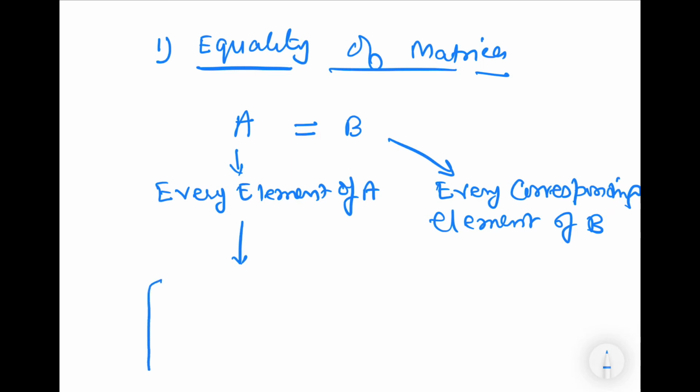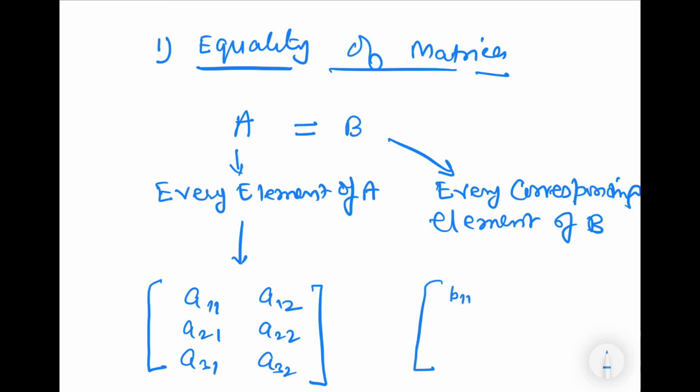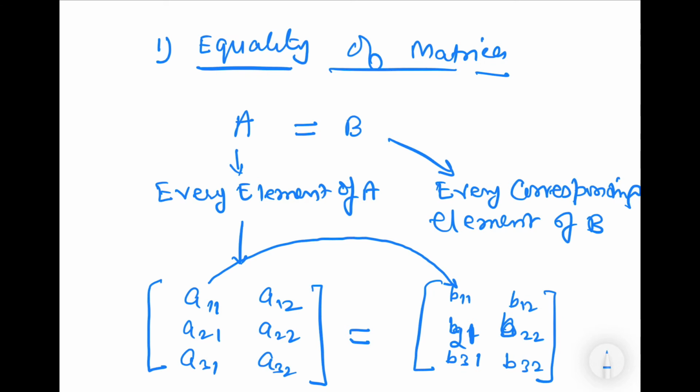If A is equal to A11, A12, A21, A22, A31, A32, and B is equal to B11, B12, B21, B22, B31, B32, they are said to be equal when every element of A is equal to the corresponding element of B.